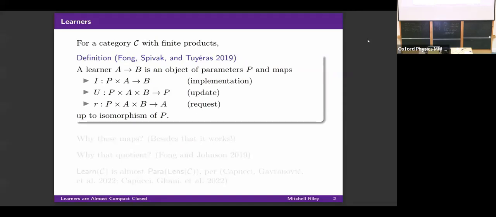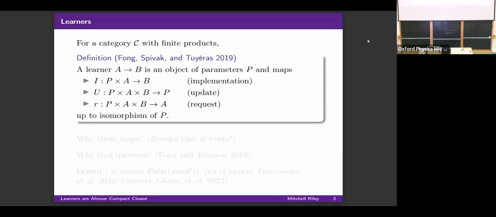A learner is going to be a choice of an object of parameters P, and then the following collection of maps. This is supposed to correspond to some kind of machine learning algorithm. The first map is: we have an input A and we're predicting a B using the parameters. The second map is this update map, where if we have the correct answer for an A, we can update our parameters and try to improve what the learner knows.